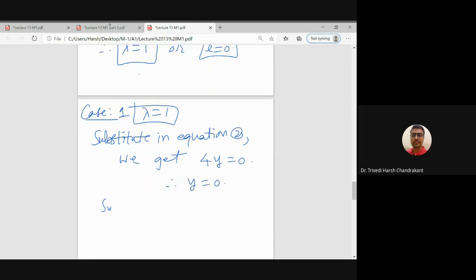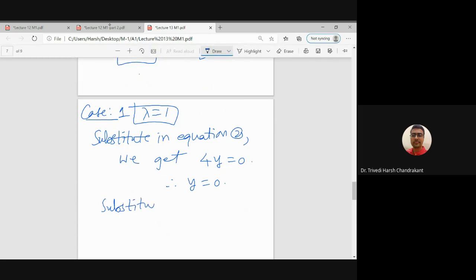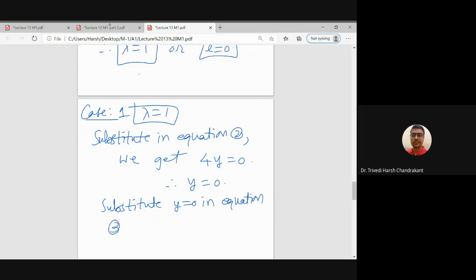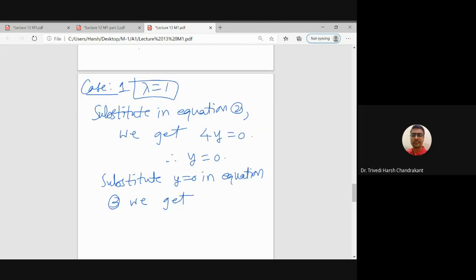Now substitute y equals 0 in equation 3. Equation 3 is x squared plus y squared equals 1. If y is 0, then we get x squared is 1, that means x is plus or minus 1.